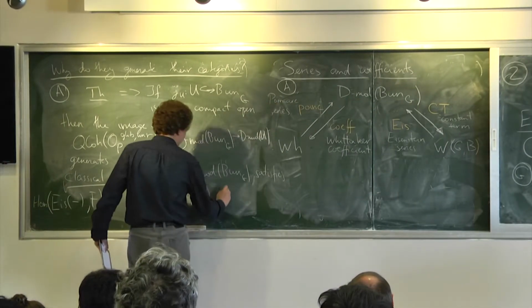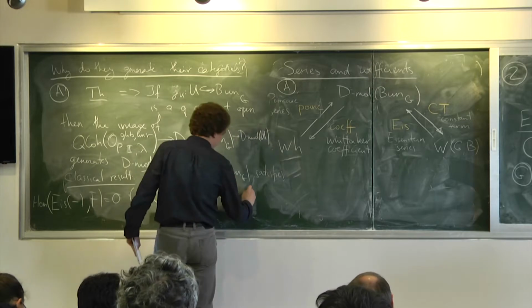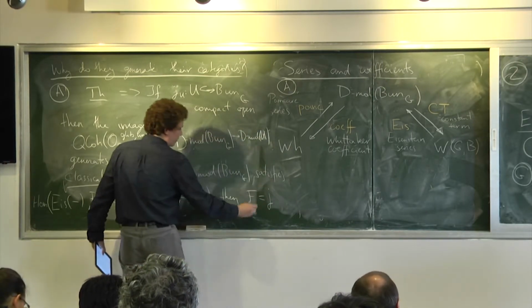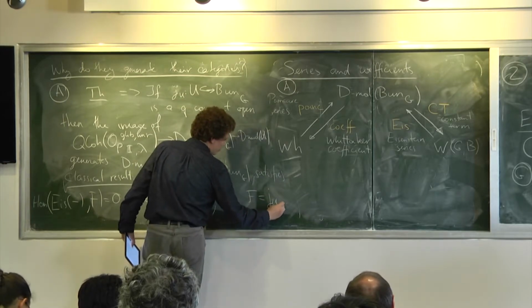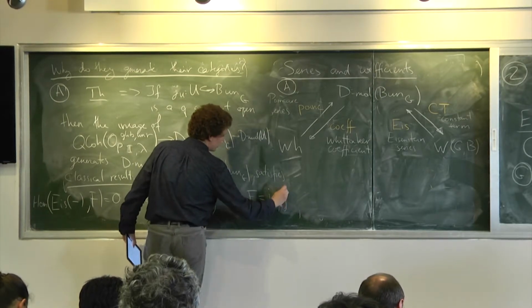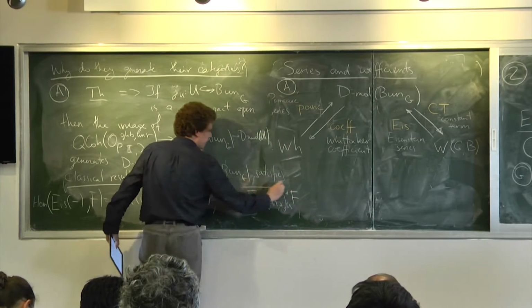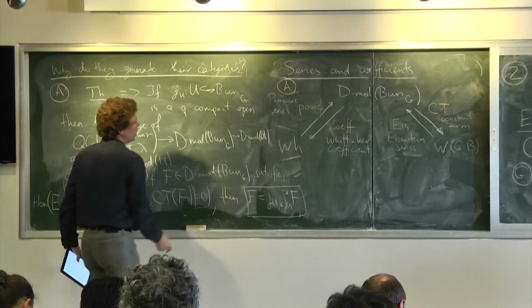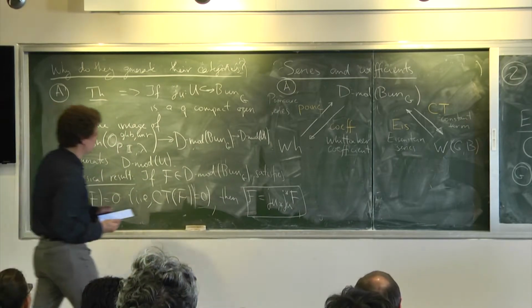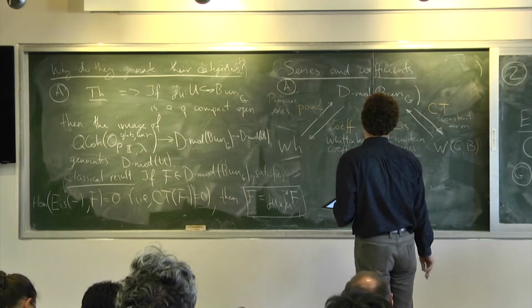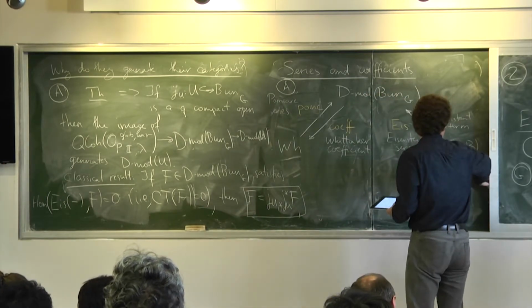Then F is equal to, let me just write it, j_U lower star, j_U upper star F. So in other words, where U, running out of room.